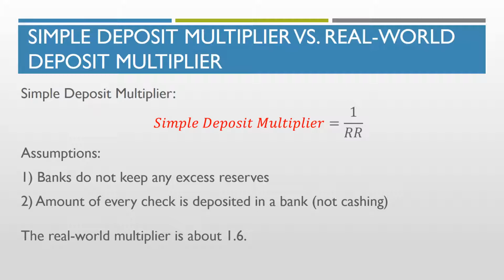So with those assumptions, we know we have oversimplified the deposit multiplier. And indeed, the actual real-world deposit multiplier in the United States is about 1.6. So for every $1 of new money that goes into the bank system, the bank system will keep loaning out until in the end it creates $1.60 in the bank system.